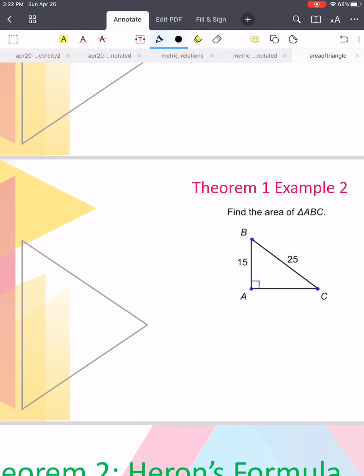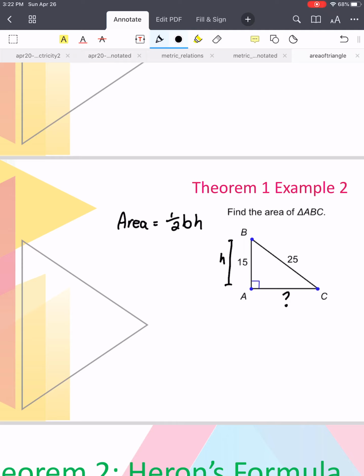For the area of ABC, we're going to use the same equation. The issue here, of course, is that we don't have the base, we have the height. So the height here is 15. The base, we're not given. Can we find the base?